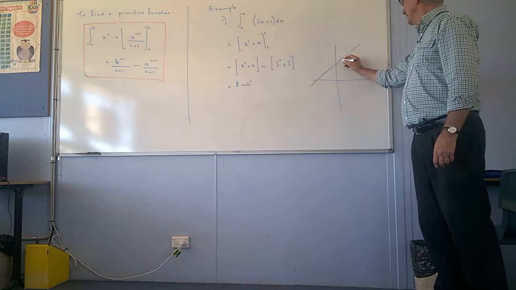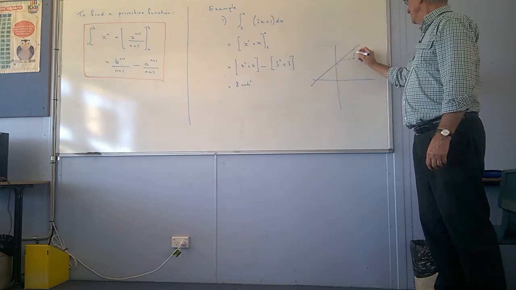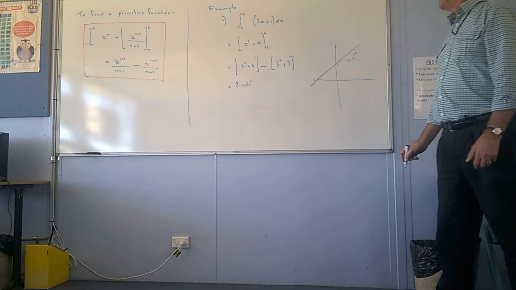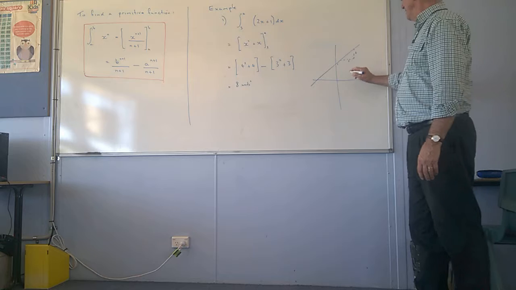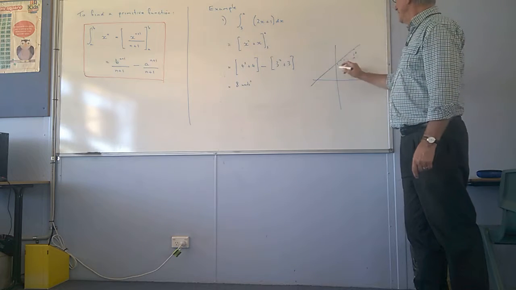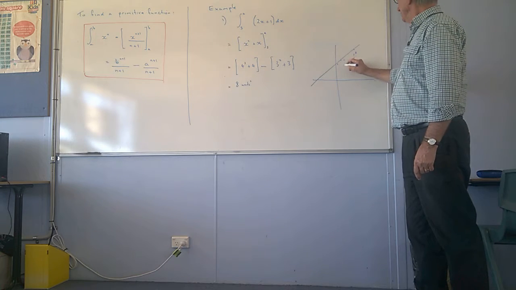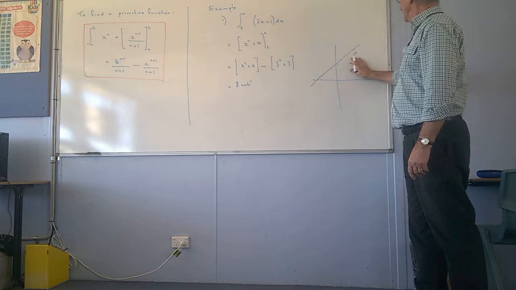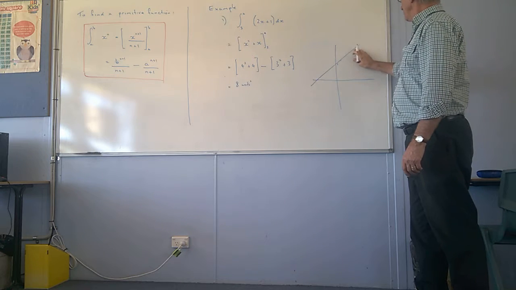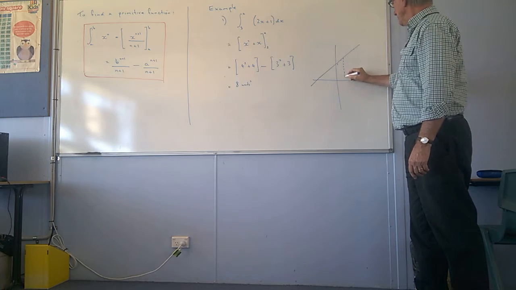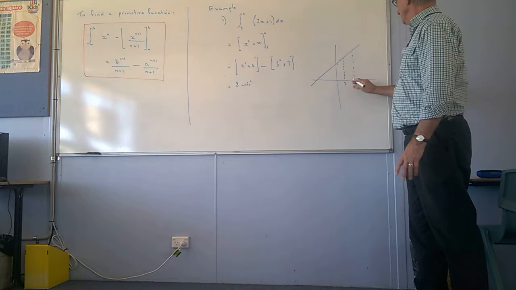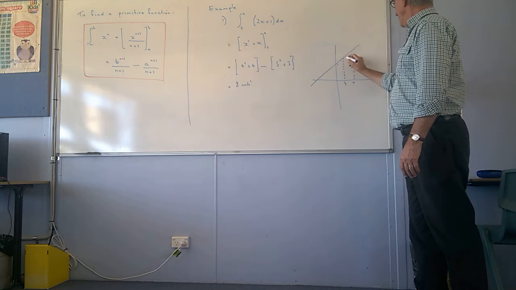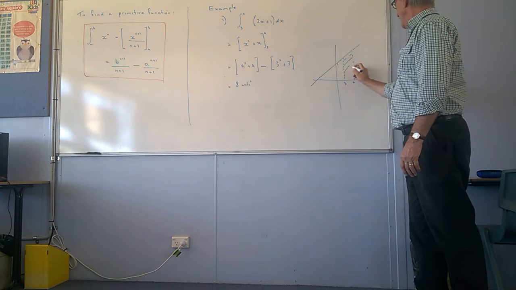And the gradient of that is 2 over 1. Right? And what we've just worked out is that between 3 and 4, I haven't drawn this very well, but we have just worked out what that area is.